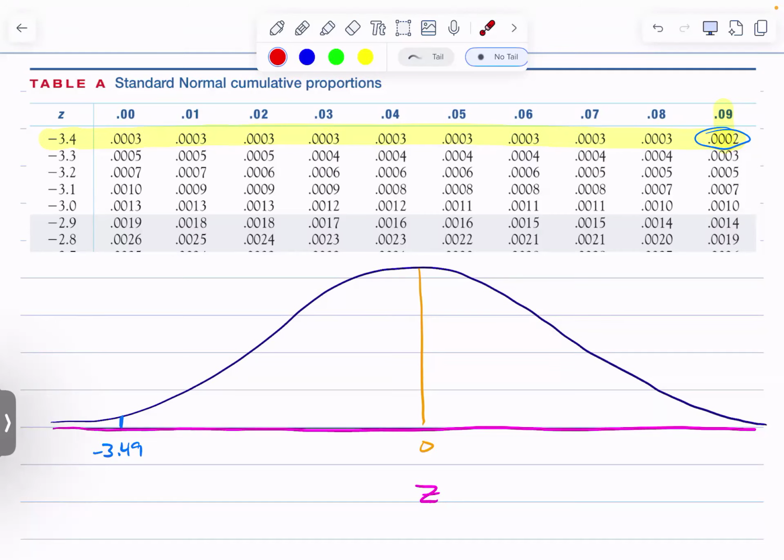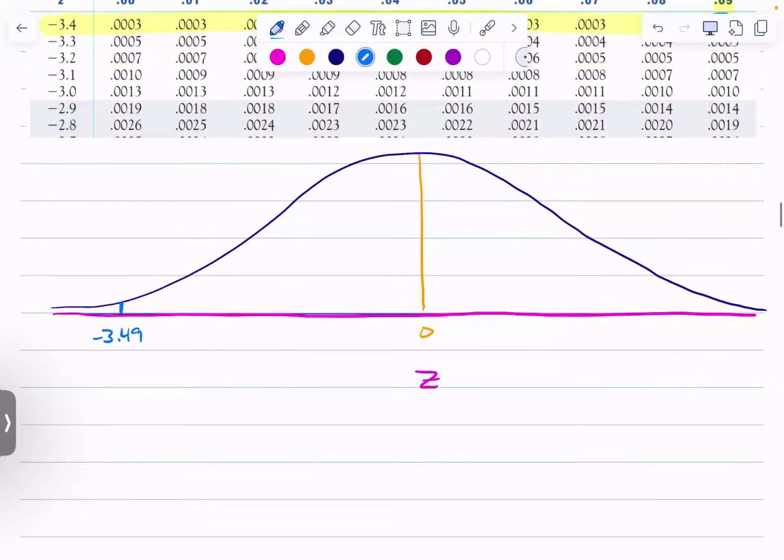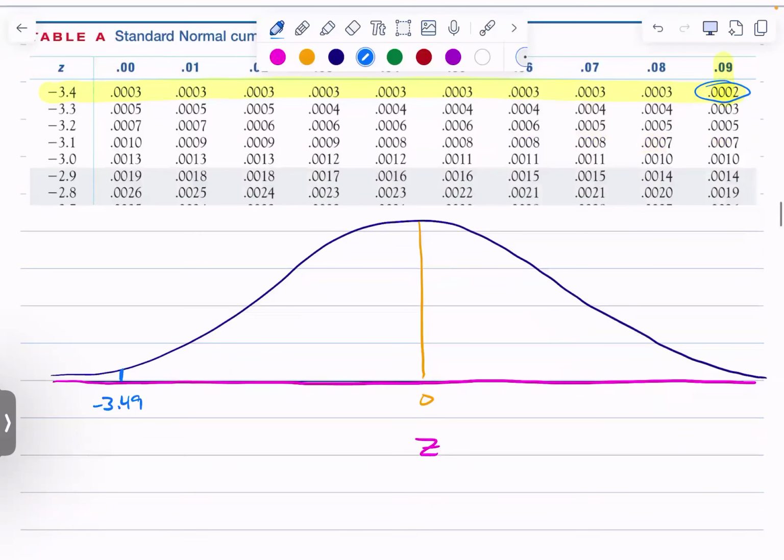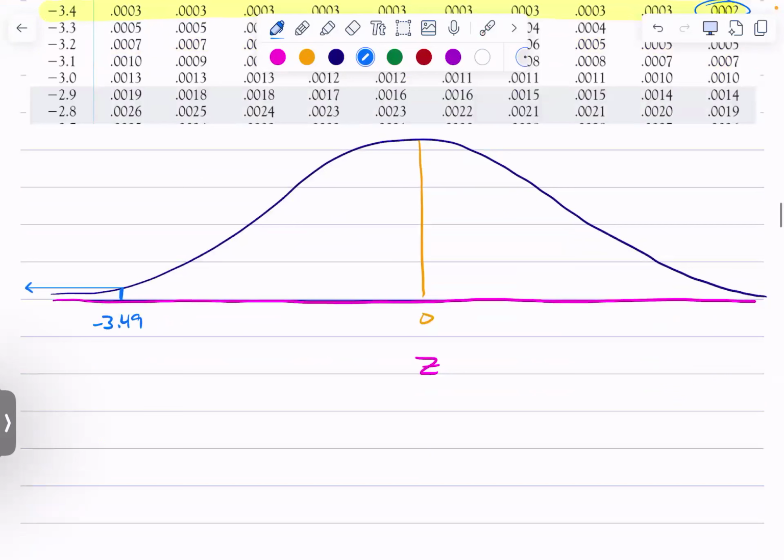There's no point in continuing. So here, how I draw this, right, is my little arrow going out this way, and it's 0.0002. That's a probability.